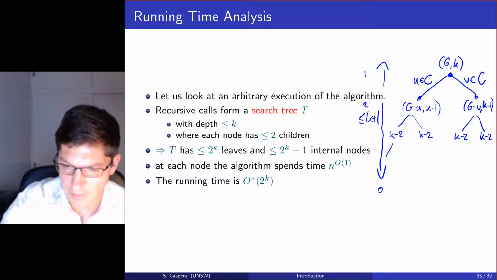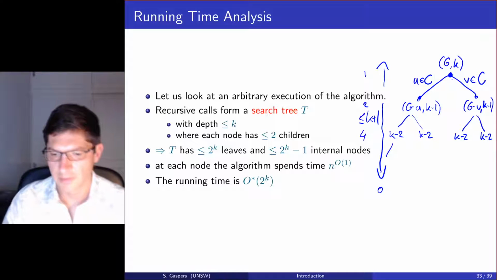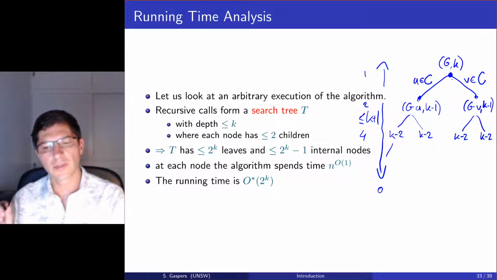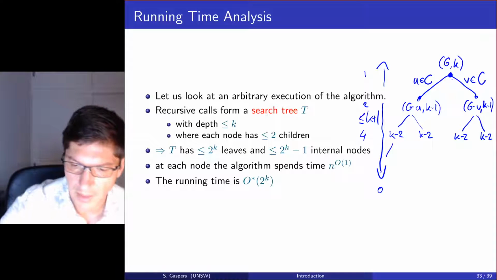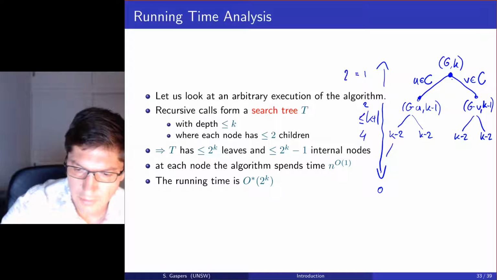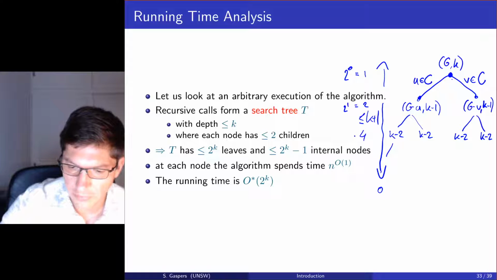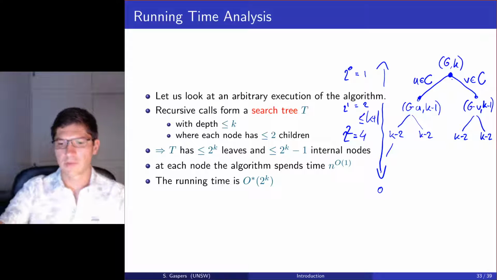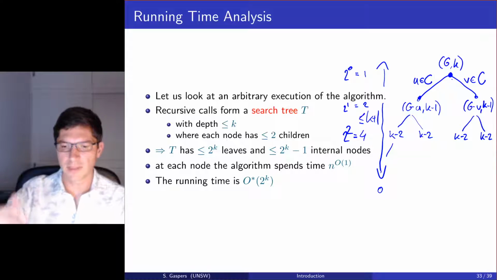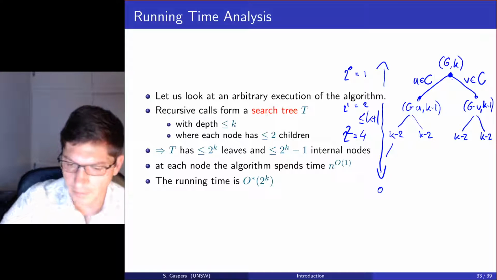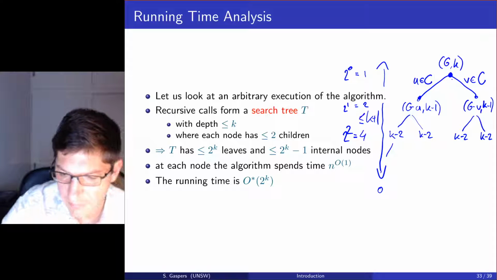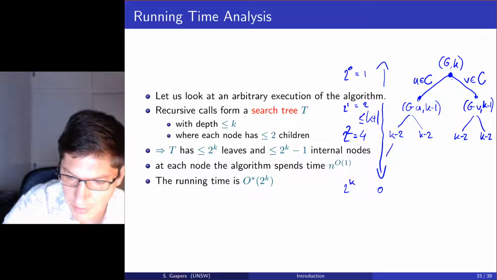On the third level, we have 4 nodes, etc. So at level number i, we have 1, which is 2 to the power 0, 2, which is 2 to the power 1, 4, which is 2 to the power 2. So from one level to the next, the number of nodes always doubles. And that's why at the last level, we actually have at most 2 to the power k nodes.